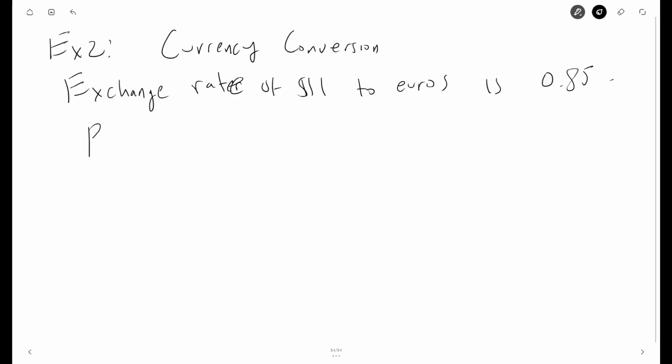So that means that your ratio is equal to $1 to 0.85 euros.